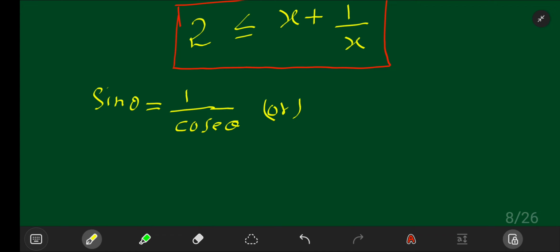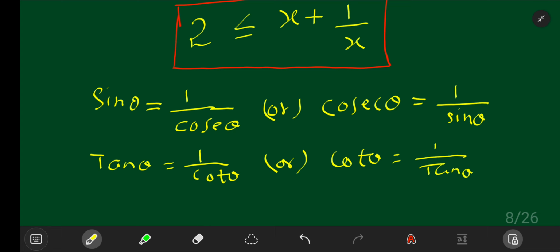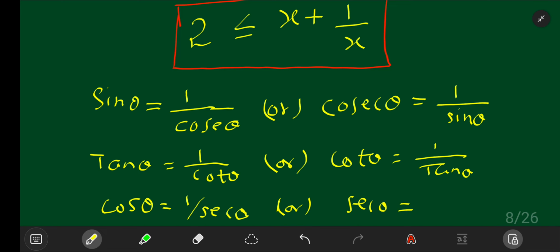Or the reciprocal of cosec theta is sin theta, and the reciprocal of tan theta is cot theta, and the reciprocal of cot theta is tan theta, and the reciprocal of cos theta is sec theta, the reciprocal of sec theta is cos theta.